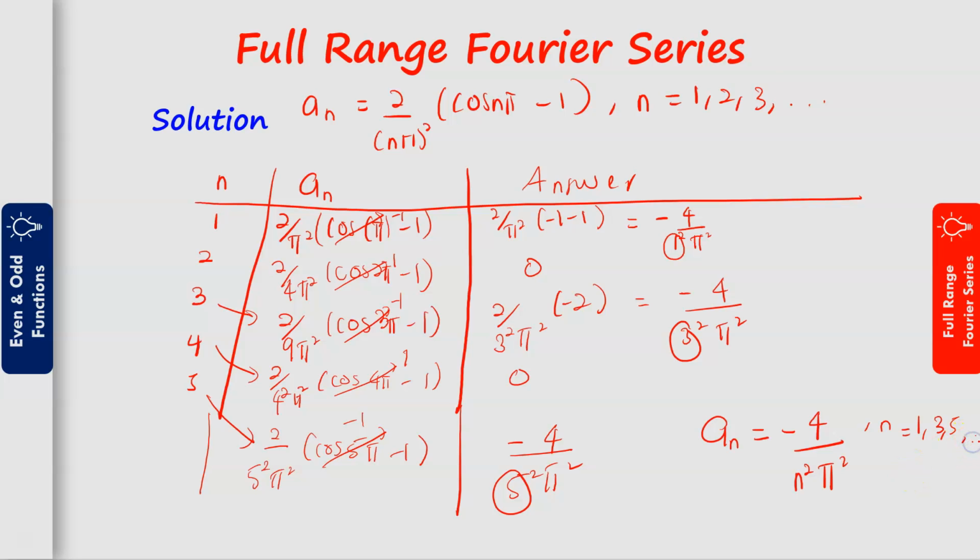Okay, and then an actually equal to 0 for n equal to 2, 4, 6, and so on. This is how we can compute an for this function.